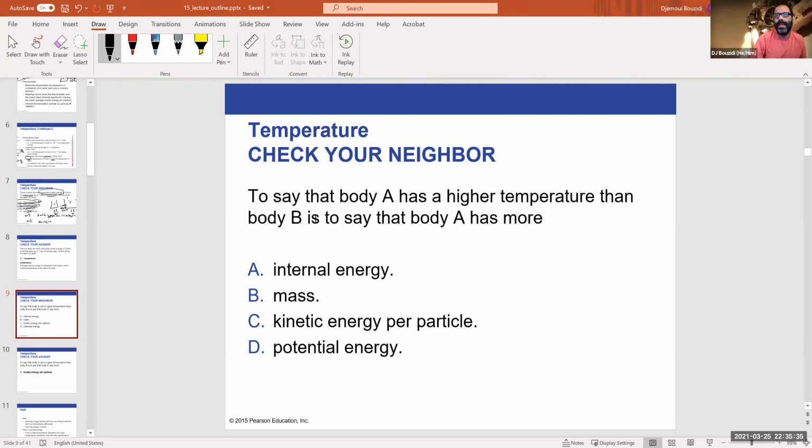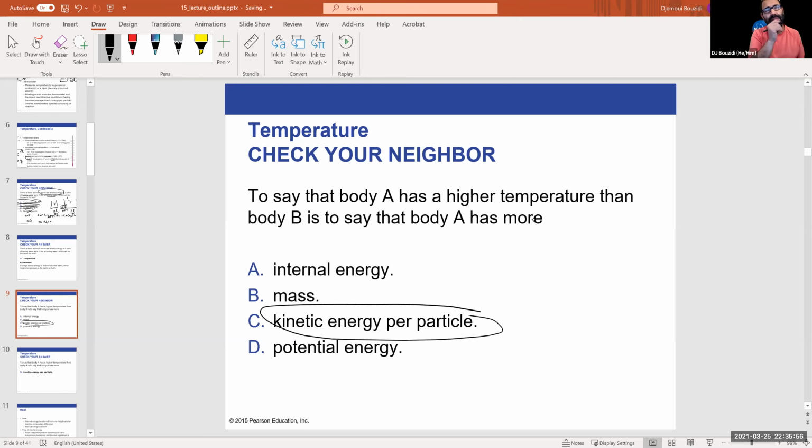To say that a body A has a higher temperature than a body B is to say that it has more energy per particle. You could take a nail that is red hot, so hot that it's red in color, made out of iron, and a bathtub full of water at normal room temperature.